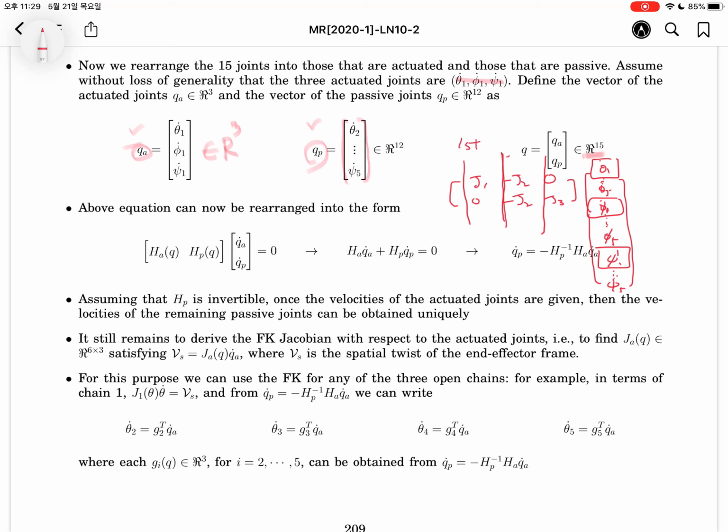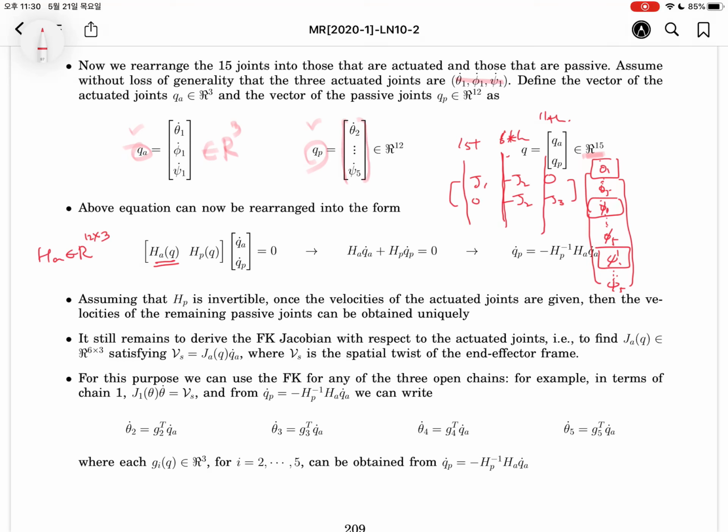By collecting the first, 6th, 11th column vectors, they can be collected to the HA. Okay? So HA will belong to R 12 times 3. Because it has the 3 column vectors.